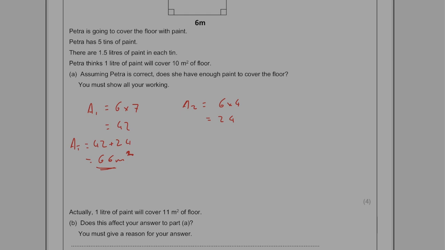Right, she's got 5 tins. Each tin contains 1.5 litres, and each litre will cover 10 meters squared. So I'm going to do 5 times 1.5 to find out how much paint, then times by 10.